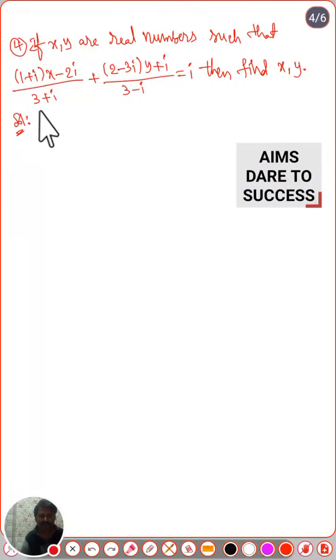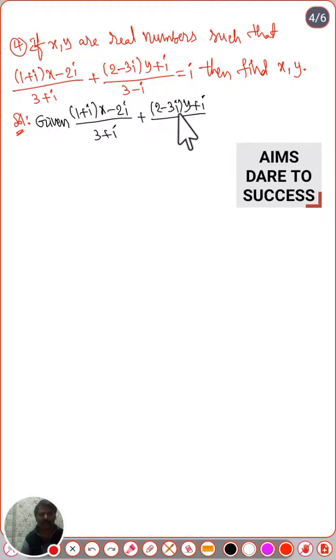First of all, I am writing the given value: (1 plus i) into (x minus 2i) divided by (3 plus i) plus (2 minus 3i) into (y plus i) divided by (3 minus i) is equal to i. Now you can take the LCM. LCM is (3 plus i) into (3 minus i).